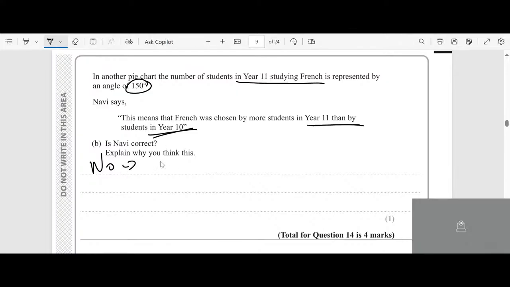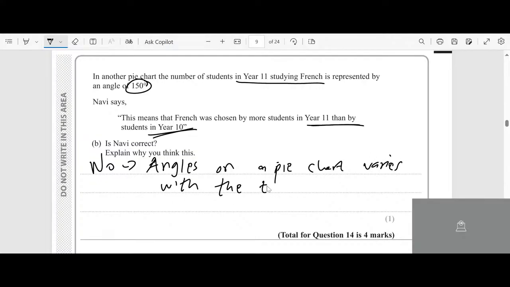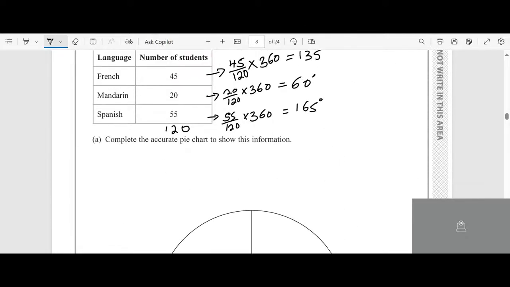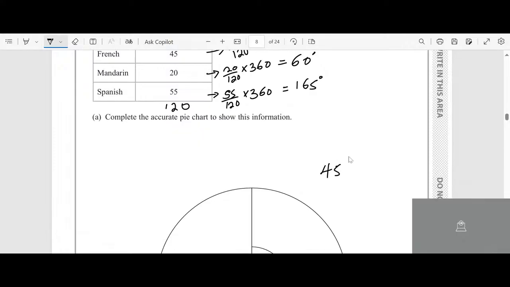Because angles on a pie chart vary with the total number of students. That's enough, don't need to explain much. For example, let me just have an example so that you can understand better. In this case, there are 45 students taking French out of 120, giving us 135.